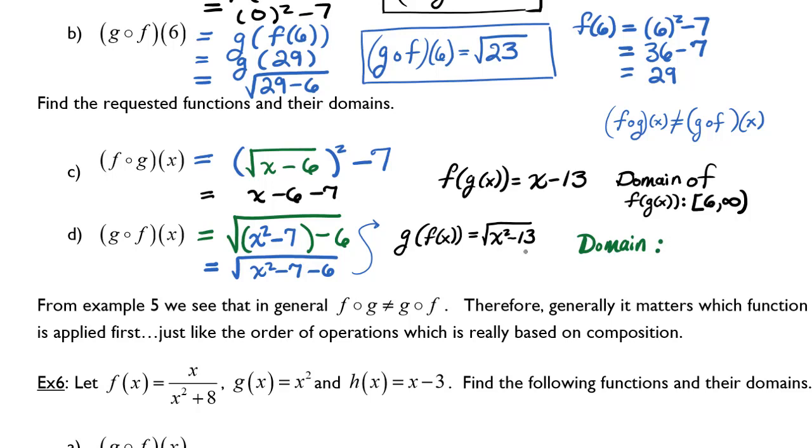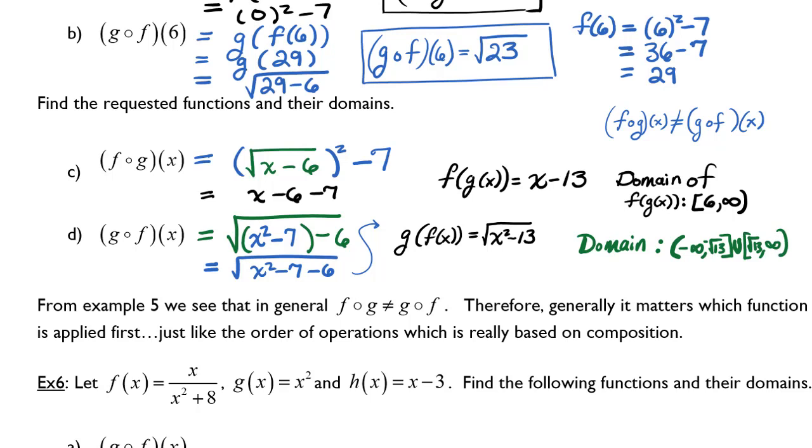So if I look at x squared minus 13, the domain will be negative infinity to the negative square root of 13. We can include the endpoint, union positive square root 13 to infinity.